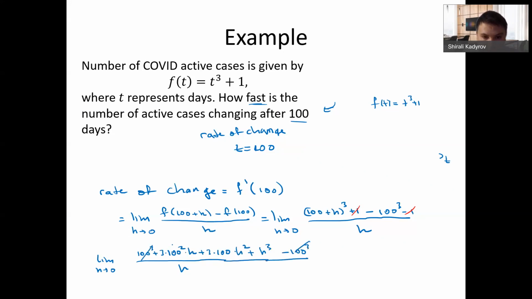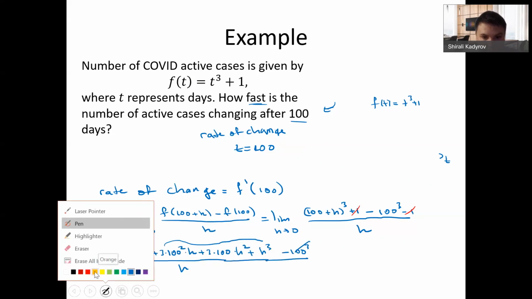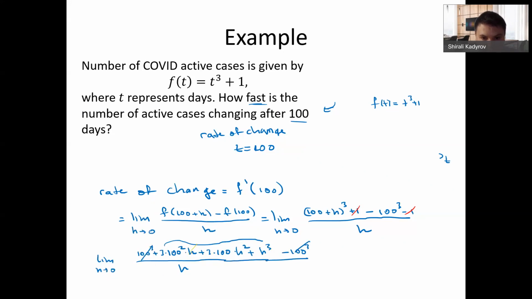And if you stare at these three terms, I see that h is in common, so one h can be cancelled out, and the remaining h will cancel with the bottom.